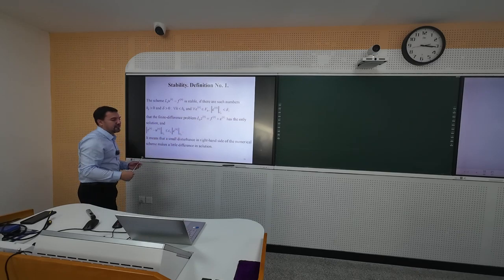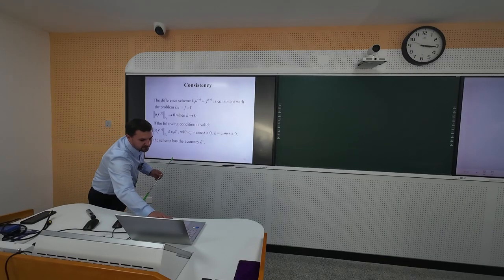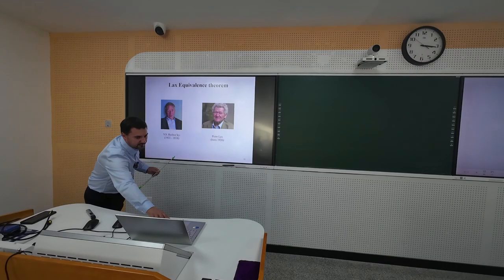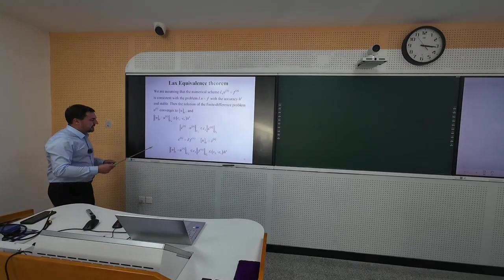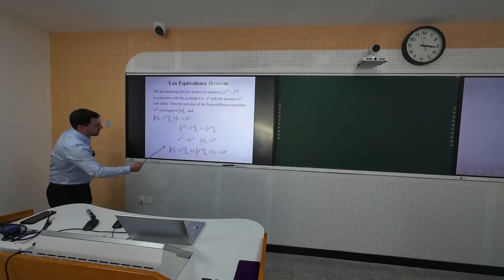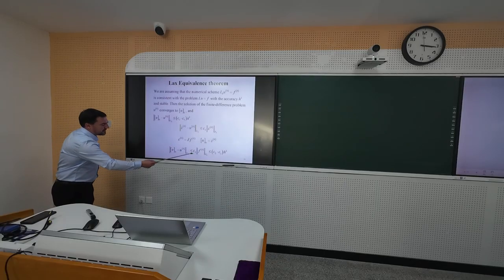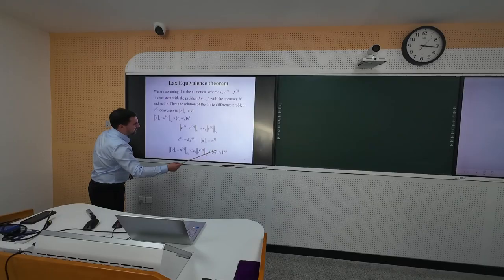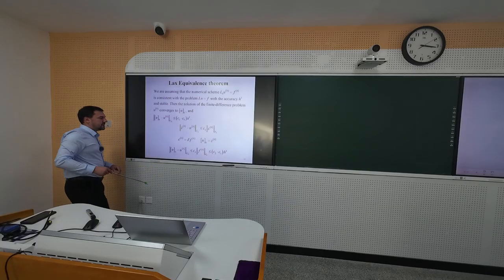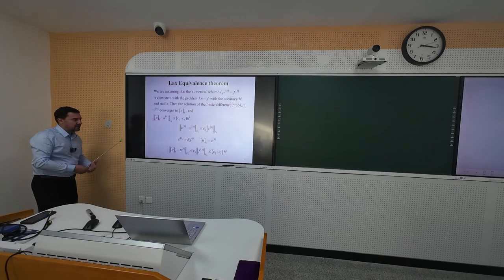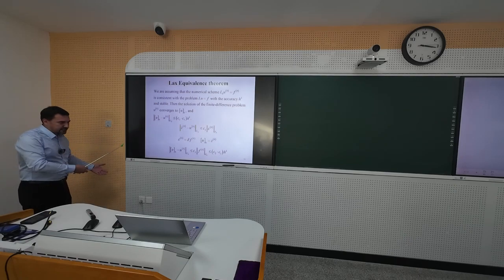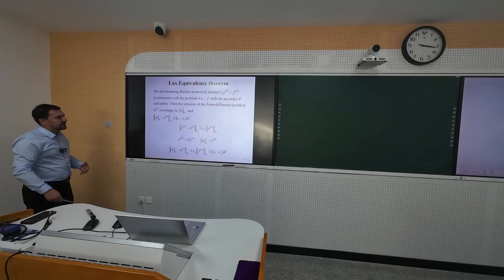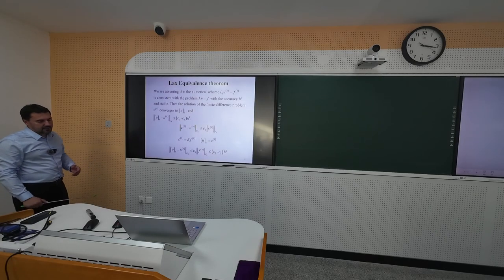Then we can apply this formula, and then this formula, and easily get that the norm of the difference between the numerical solution and the exact solution is less than the truncation error, and this in turn is less than C, because of the stability. So by combining the definitions of consistency and stability, we can prove that the scheme is convergent.